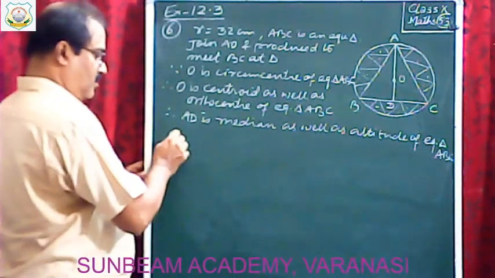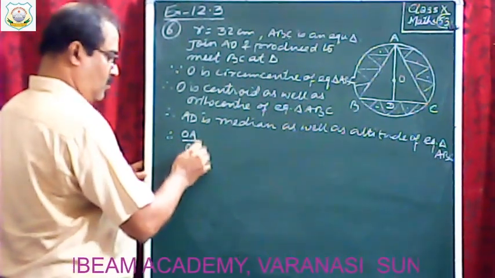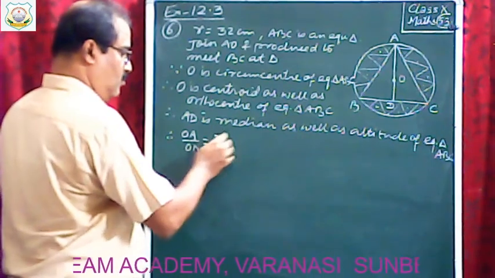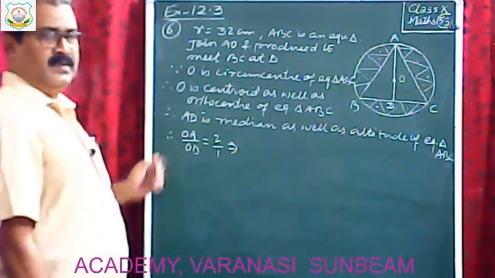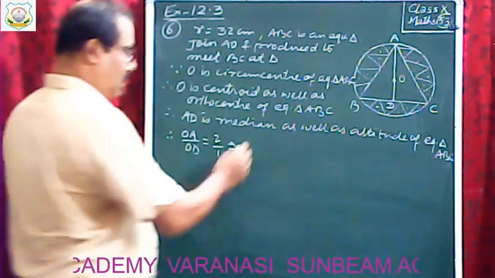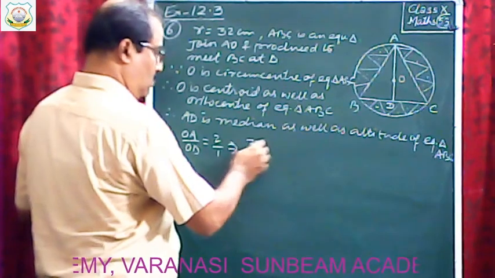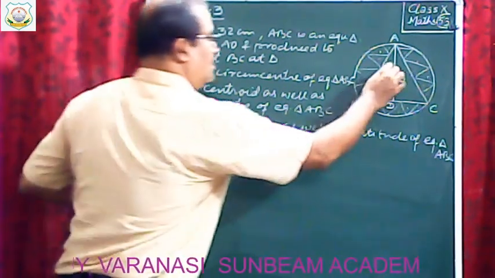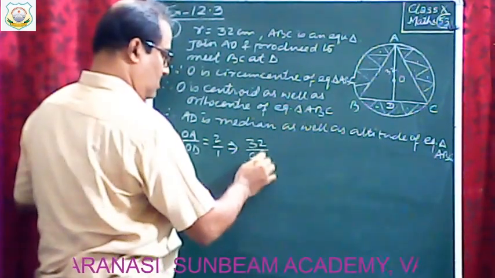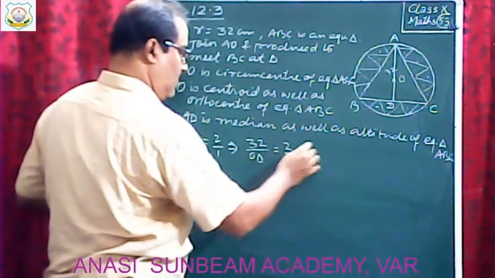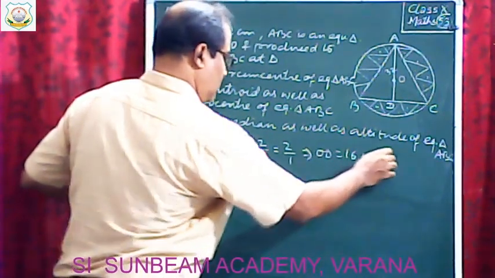So therefore OA upon OD equals 2 upon 1. Okay, centroid divides each median in the ratio 2:1. OA, that is how much? 32 given, upon OD equals 2 upon 1, implies that OD equals 16 centimeter.